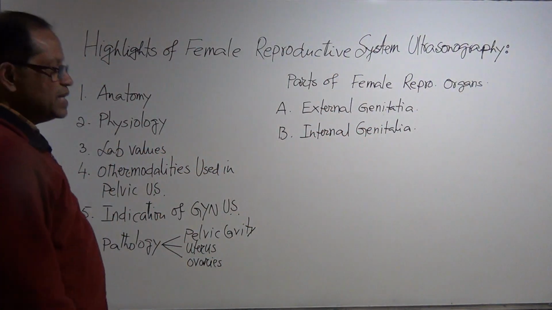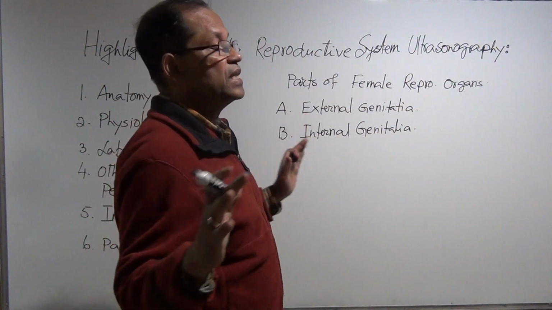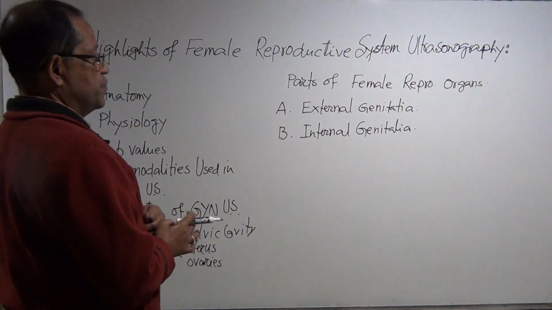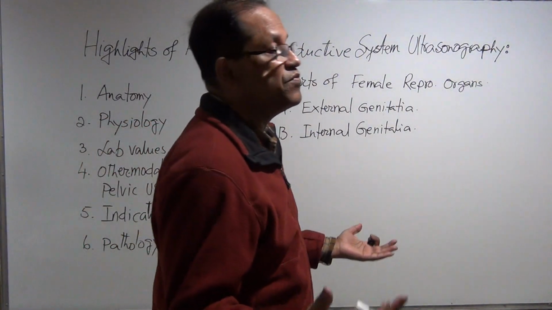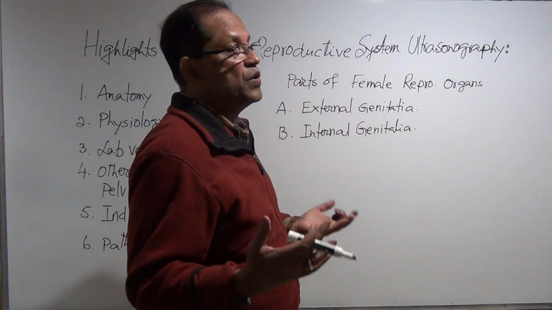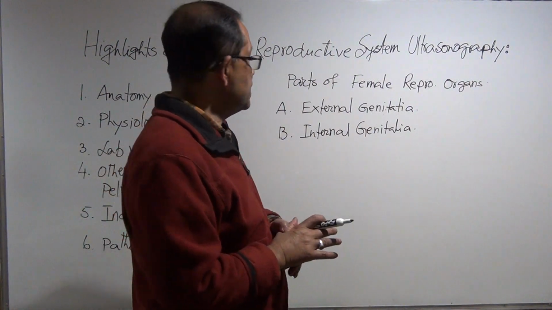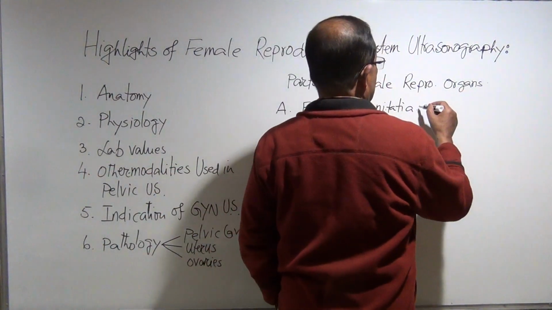External genitalia means what we can see from outside. Internal genitalia we don't see from outside, we can see them internally through the ultrasound. What are the external genitalia?